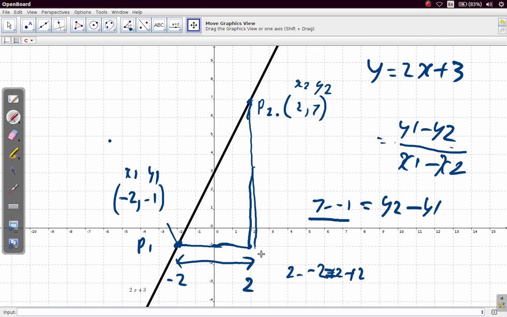So, what we have here is x1, lining up with 2. Alright, let me write the 2 minus negative 1 here.